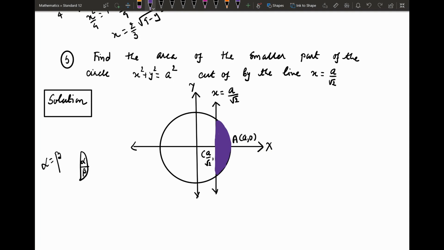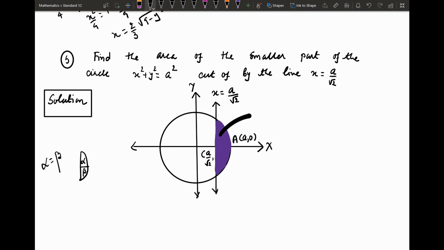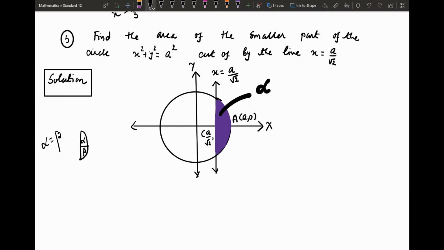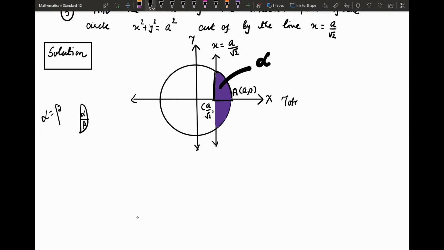We will only find the area which lies in the first quadrant. We denote this by alpha and multiply it by 2. For alpha, we have to get y as a function of x. So total area is two into alpha.